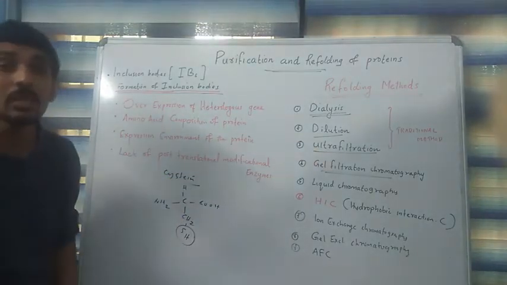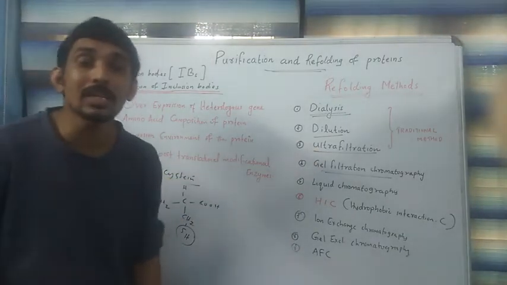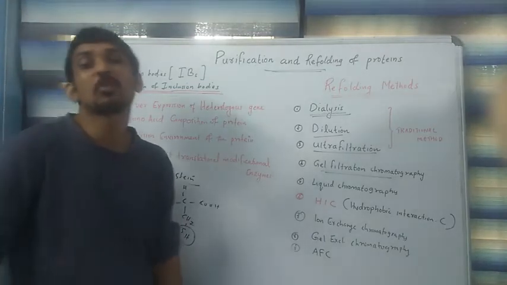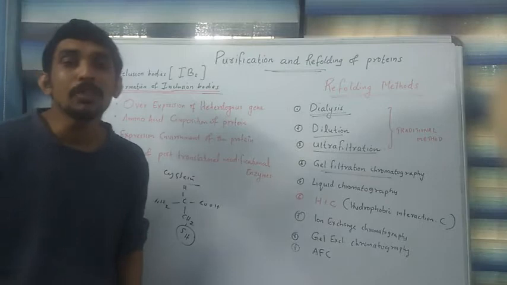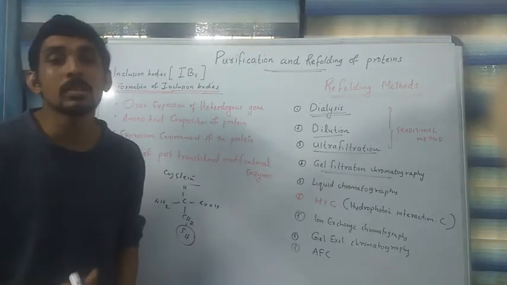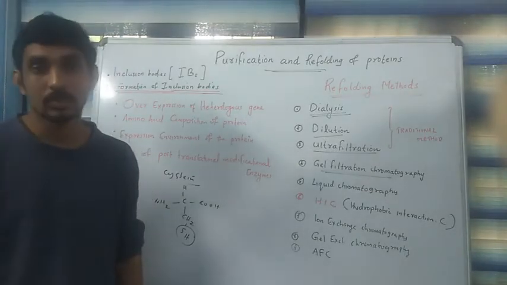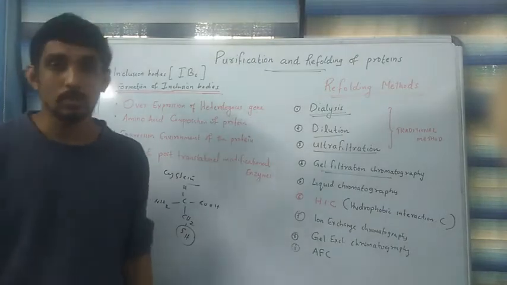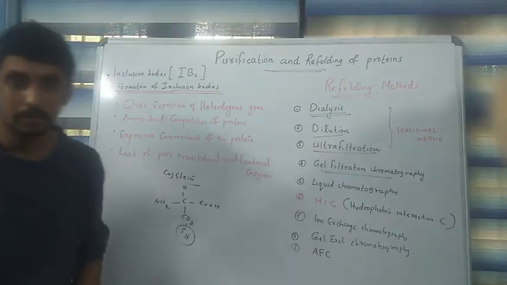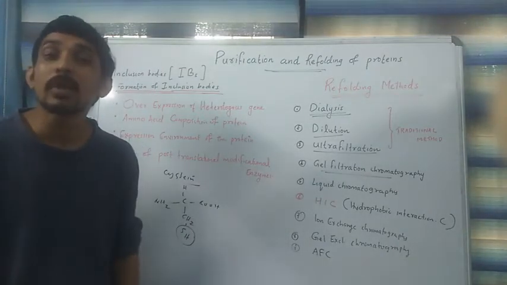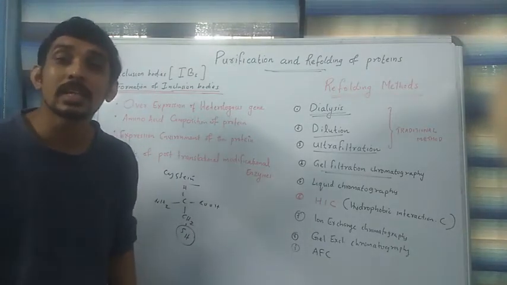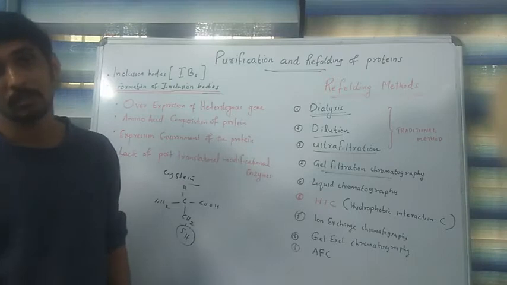And the third one is the lack of post-translational modification of protein. We know that after protein synthesis, the newly synthesized protein may not be functional. That protein needs to be modified by different kinds of enzymes. Such enzymes are called post-translational modification enzymes.